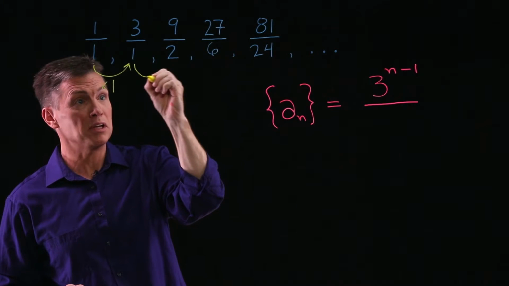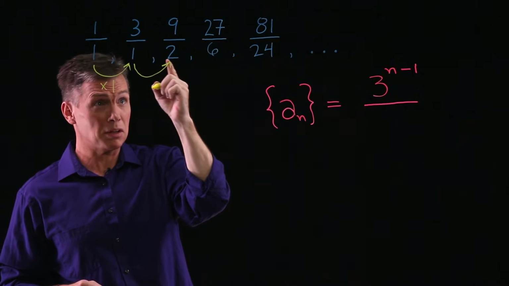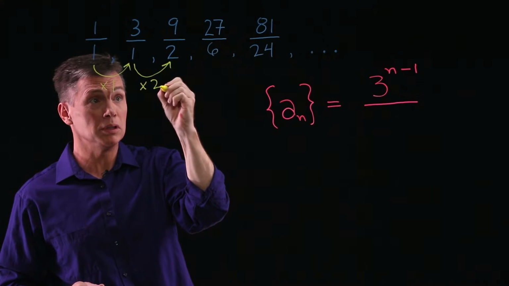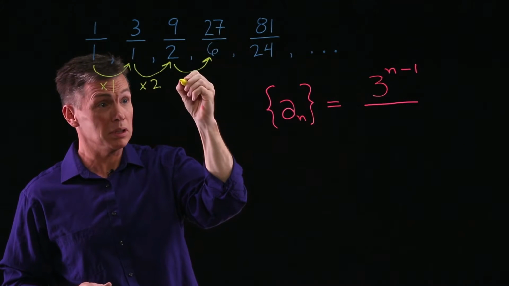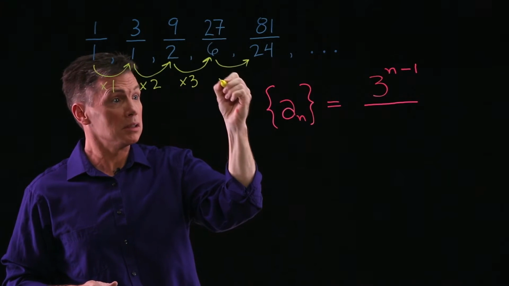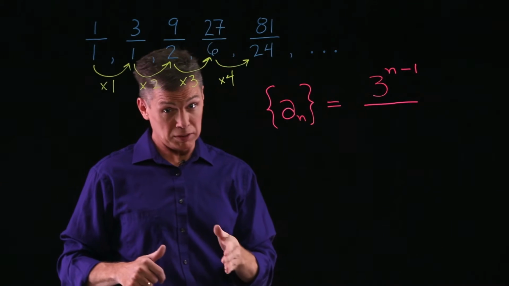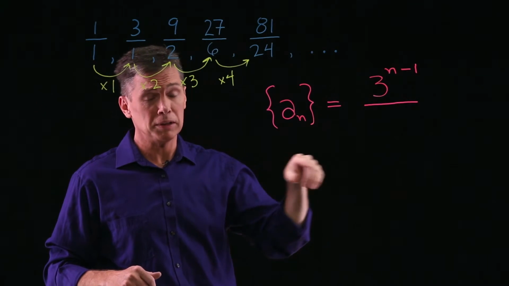All right, well, is that same multiplication by 1 happening to go from the second to the third term in the denominator? No, I'm multiplying by 2. If I go to the next pair of terms, I'd actually be multiplying by 3. And here, I'd be multiplying by 4. So this is not a constant factor that I can do something comparable to what I did in the numerator.